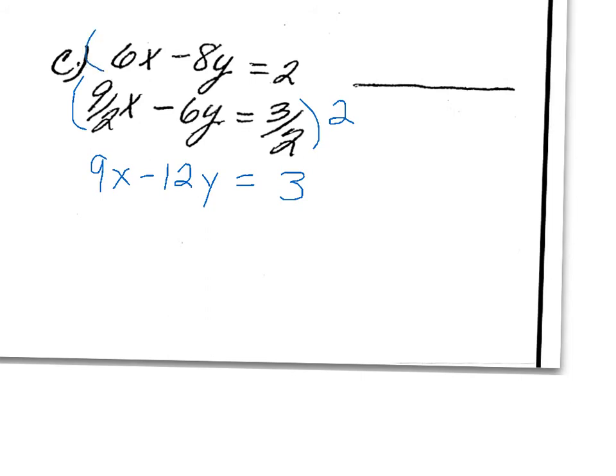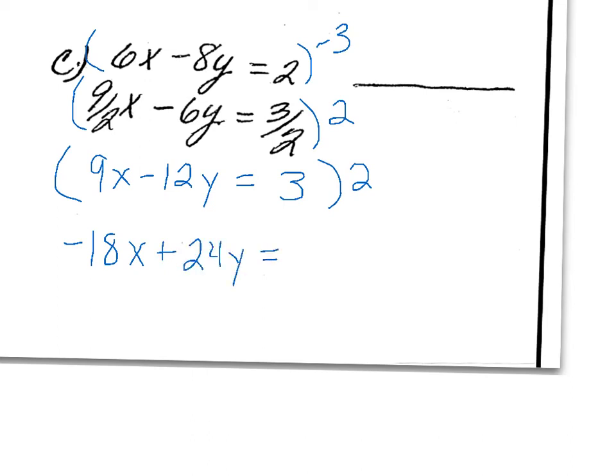So we can multiply the top equation by a negative 3 to make a negative 18x, and the bottom equation by a 2 to make an 18x. So we have negative 18x plus 24y equals negative 6, and we have 18x minus 24y equals 6.